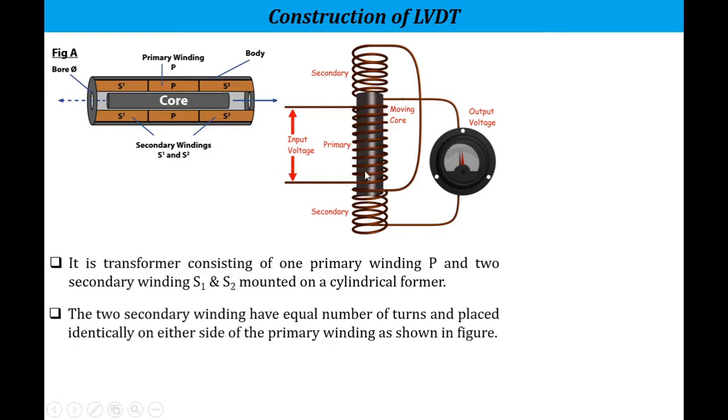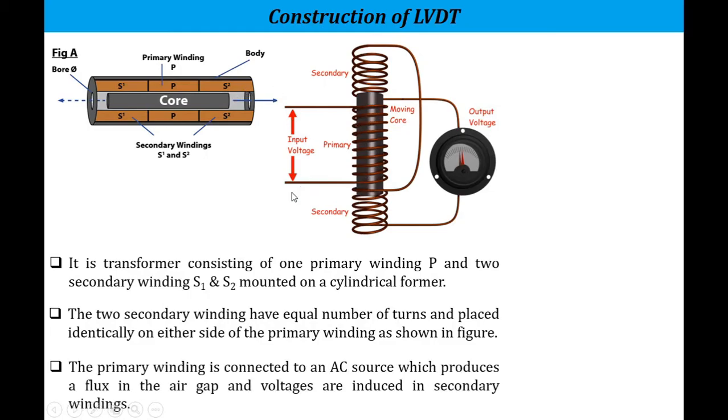Now, the two secondary windings have an equal number of turns. Let's say this is your S1 winding, this is your S2 winding. The number of turns of the S1 winding is the same as the number of turns of the S2 winding, and they are placed identically on either side of the primary winding, as shown here in the figure.